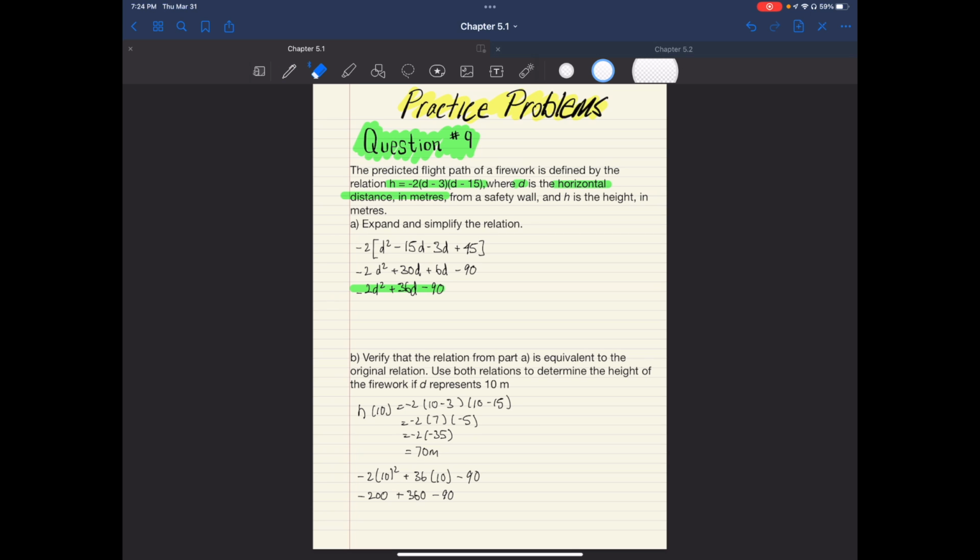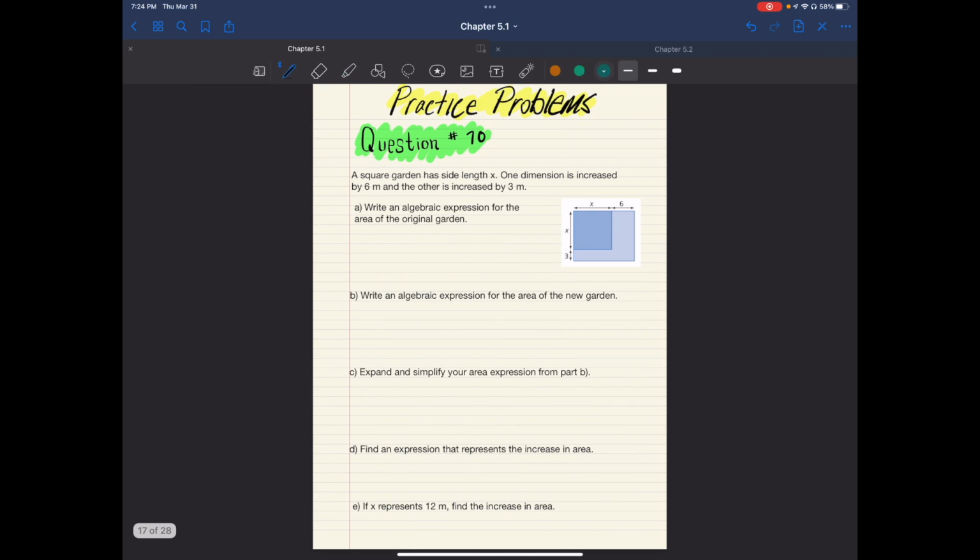So this is going to become -200 and -90 is -290 plus 360. The difference is 70 meters. So they are the same. Next question.